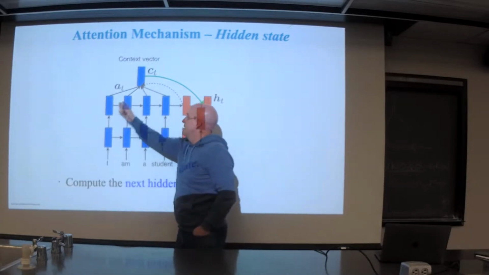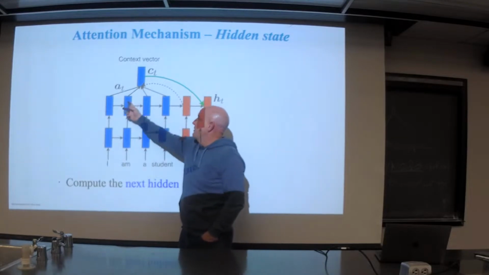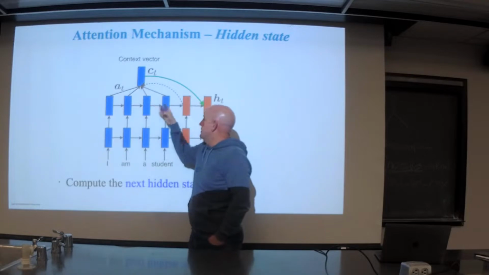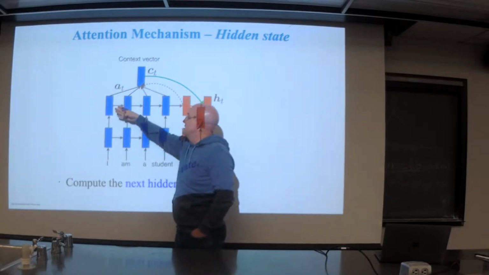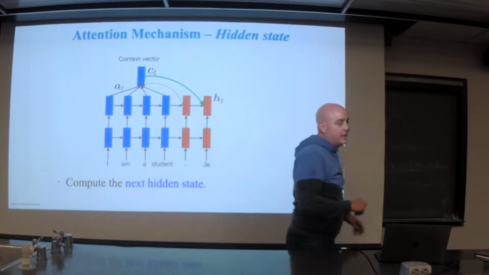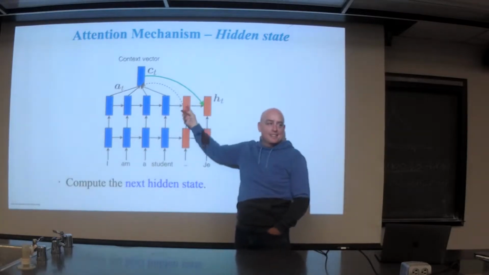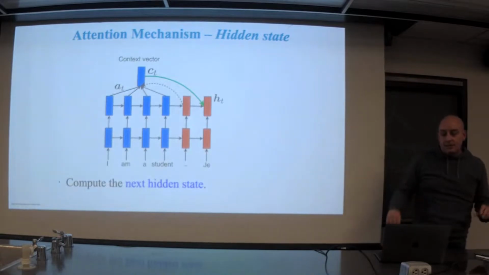We're trying to create a new vector out of these vectors, and the larger this coefficient is, the more we're paying attention to it in creating this context vector. So that's why it's called attention. And who's paying attention? Well, this thing over here is paying attention, I guess.